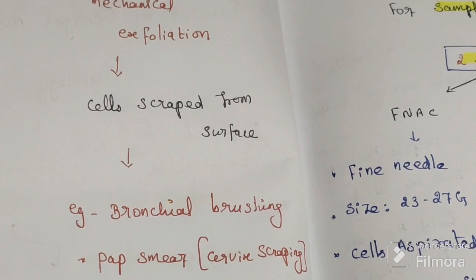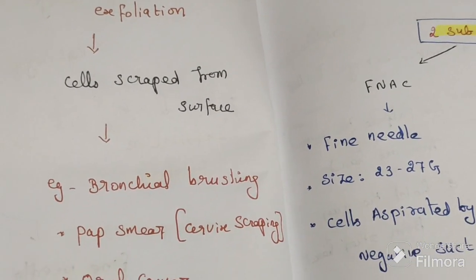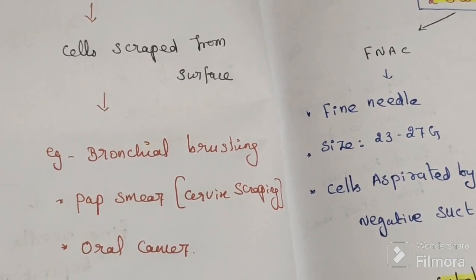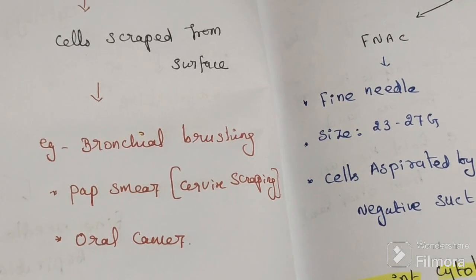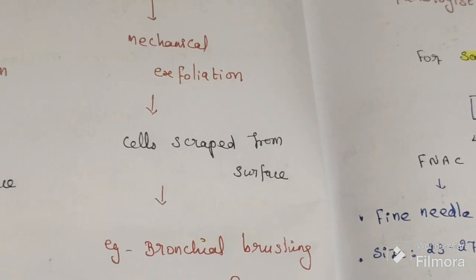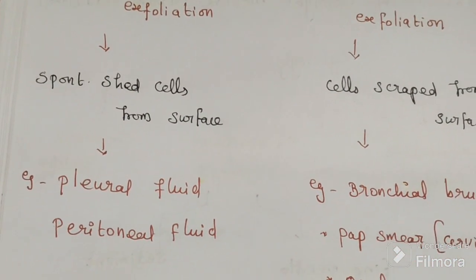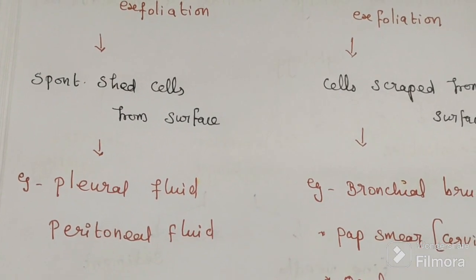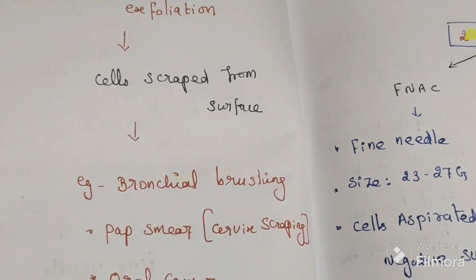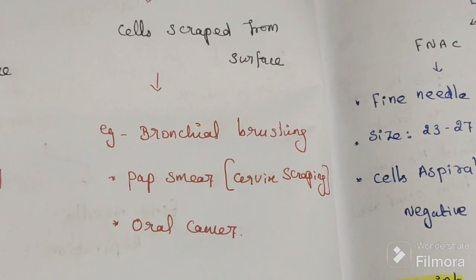It can be used in bronchial brushing, then pap smearing from cervical scraping, then oral cancer screening from oral scraping. In spontaneous exfoliation there is no external effect to take out the cell, it is present on the surface. Here we use an external effect, a brush or scraping brush.